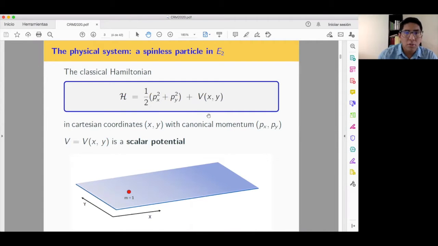I'm using Cartesian coordinates, so the scalar potential is an arbitrary function of x and y, and px and py correspond to the canonical momenta. So the picture is as follows. We have a plane, and in the plane there is a particle with unit mass, and the time evolution, the dynamics of the system, will be governed by the scalar potential, which so far is arbitrary.